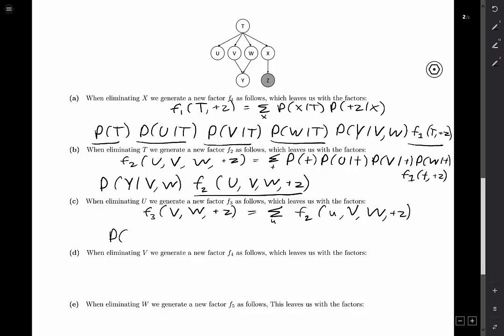Now I'm left with the factors probability of y given v comma w and f3 of v comma w comma plus z. Now we want to eliminate v. So what involves v? Well, actually both of the factors do. So now I can create a factor f4, which is a function of the remaining variables. So we have a y, we'll have a w, we'll have a plus z.